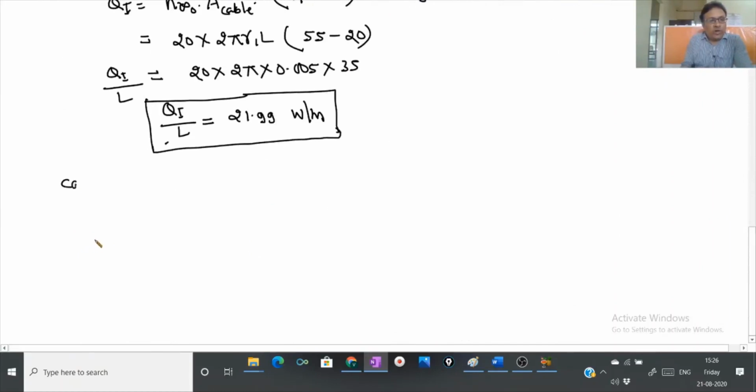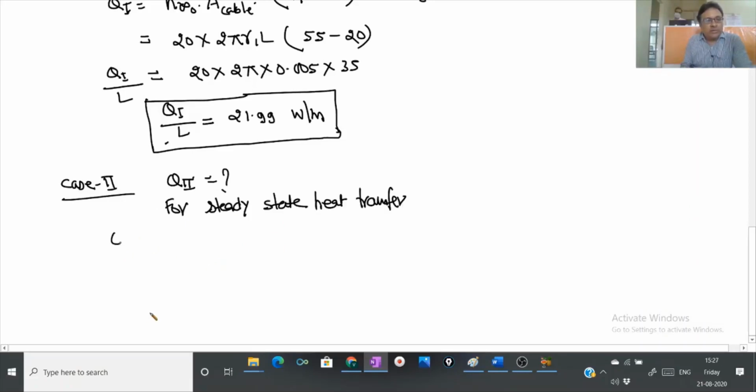So for case 2, let us find out Q2. Once again, the rate of heat transfer in the second case will be equal to the rate of heat transfer from the electric cable to the outer surface of the insulation, which will be equal to that from the outer surface of insulation to the surrounding.